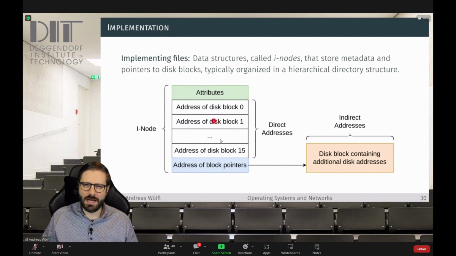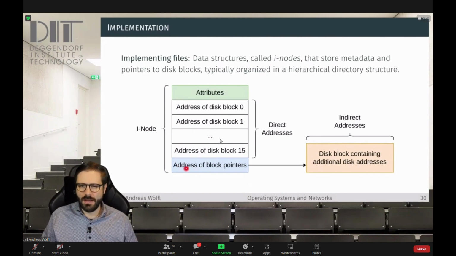So typically one inode holds 16 addresses, 16 block addresses, which are called the direct addresses here. And if a file is bigger than the 16 blocks that fit into one inode, we can extend the direct addresses by the indirect addresses. And we use the same concept as we have seen for linked lists.